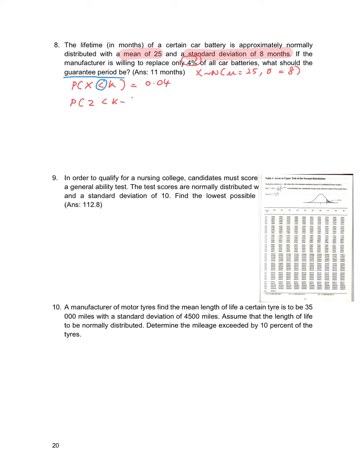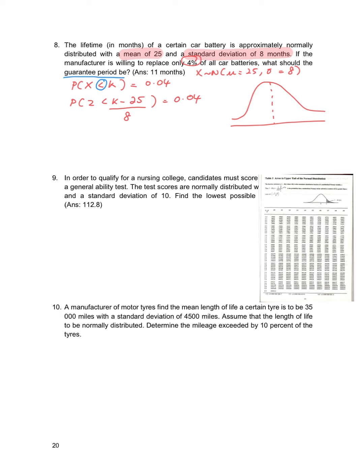So mu here is 25, sigma is 8, okay, equals to 0.04. So we will find what is the Z value for the probability value of 0.04.